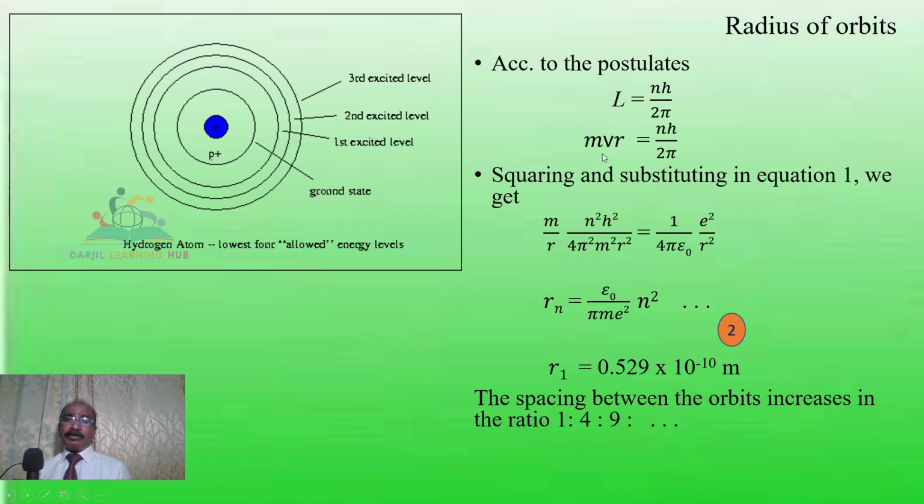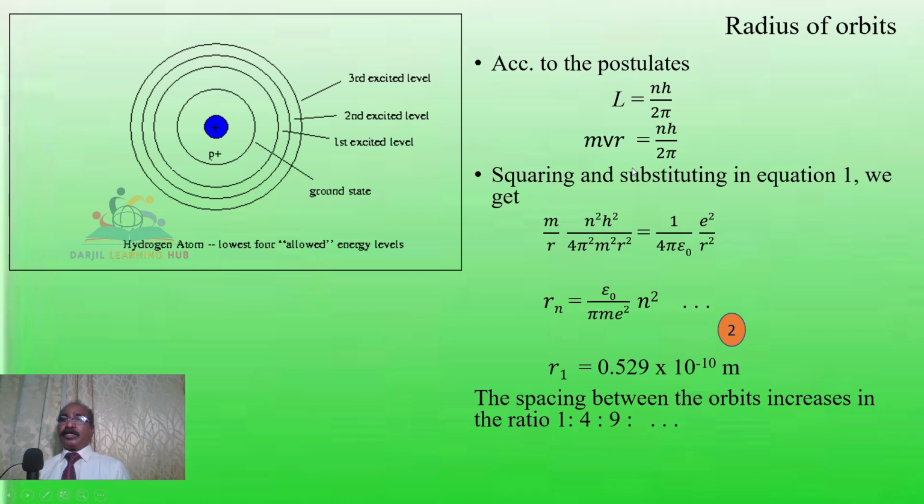But we have also studied in lower classes that the formula for angular momentum is mvr. The moment of the linear momentum is called angular momentum, that is r cross p, r into p, where p equals mv. Therefore, mvr is the angular momentum, and that should be equal to nh by 2 pi.